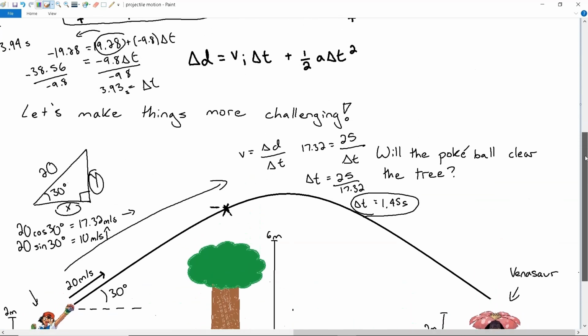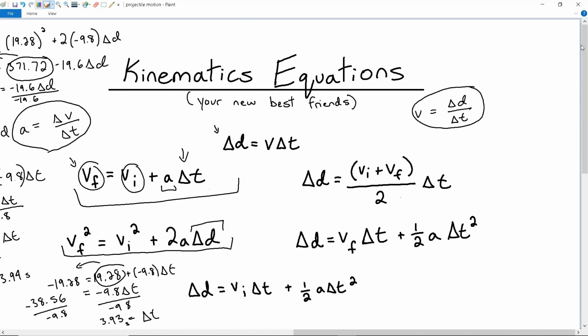Let's go back up here and see if we can pick the right equation for the job. We have v initial because we solved for it. That's 10 meters per second upwards. We don't have v final, but that's not a problem. We definitely have acceleration.